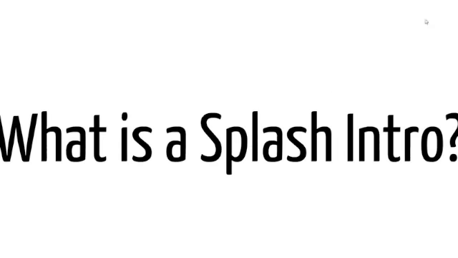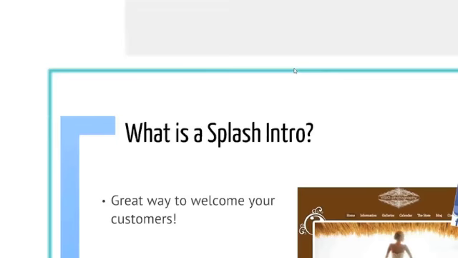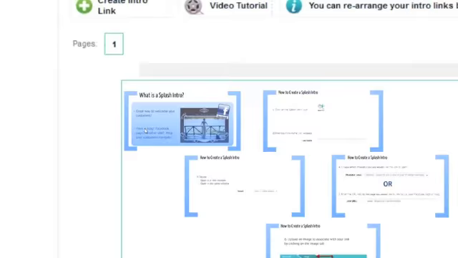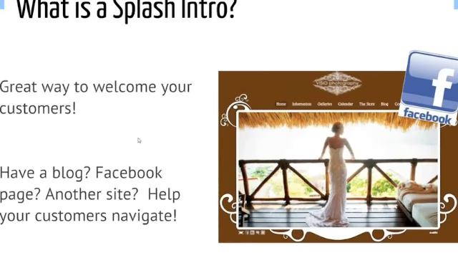The splash intro is the first page that your customer sees when they visit your site. This is a fantastic way to welcome your customers, and it's also a great way to help your customers navigate your website and your online presence. Perhaps you have a blog and a Facebook page. Maybe you even have another site, maybe a different sort of photography or another business that you'd like to link to.